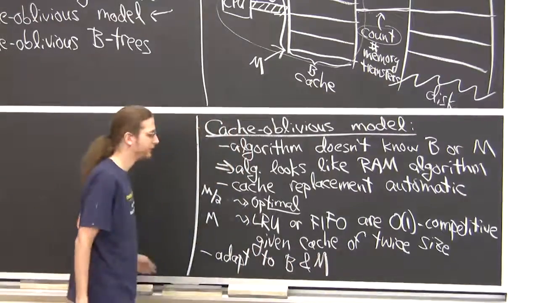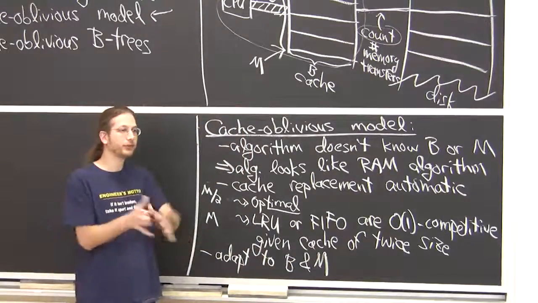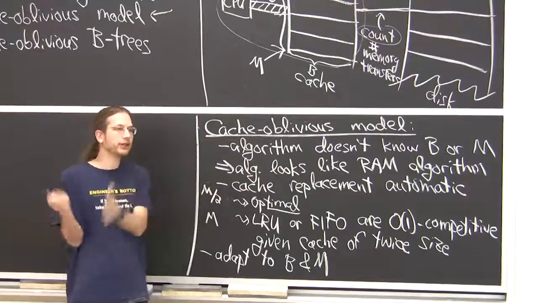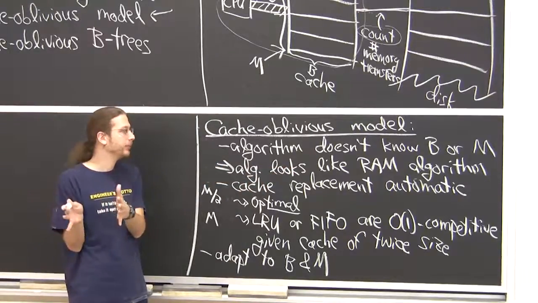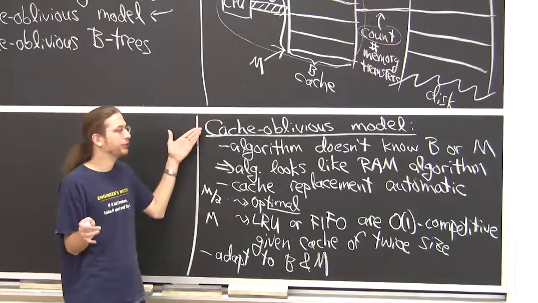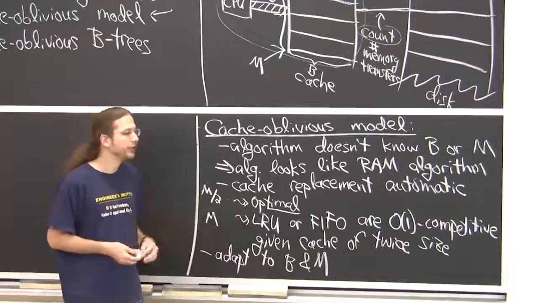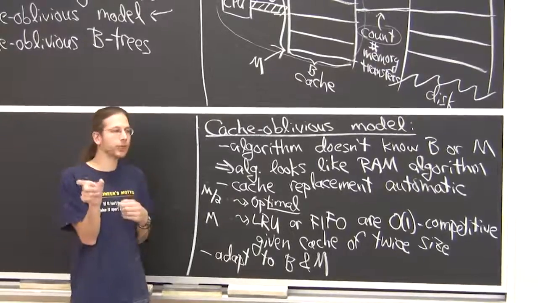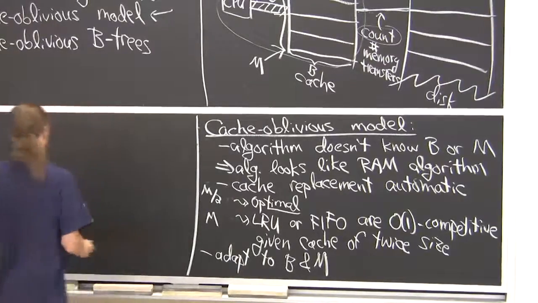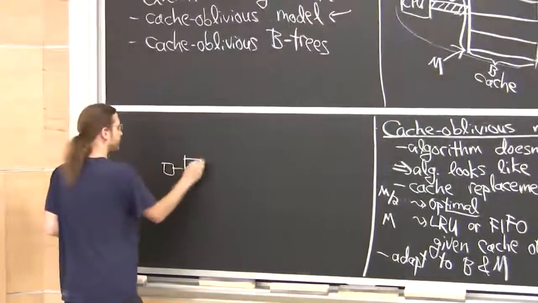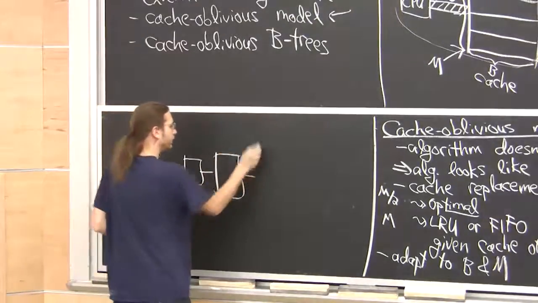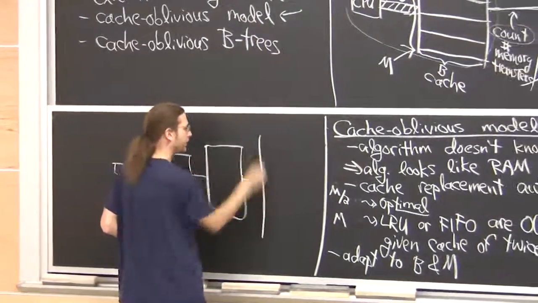Two nice side effects of that are, first, if you have a multi-level memory hierarchy, each level has its own B and its own M. If you use a cache-oblivious algorithm and all of those caches are maintained automatically using one of these strategies, then you optimize the number of, maybe I should draw a picture. Here's a multi-level memory hierarchy.